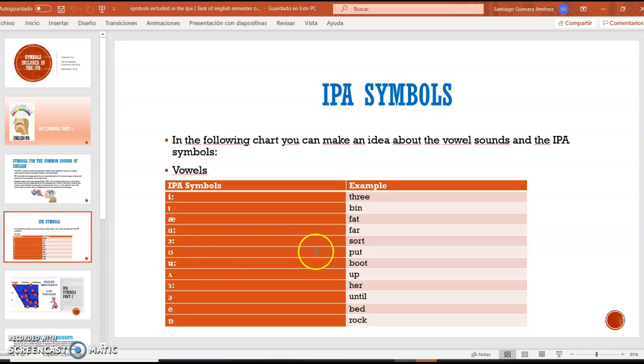O, put. O, boat. A, up. Air, hair. A, until. A, bed. O, rock.